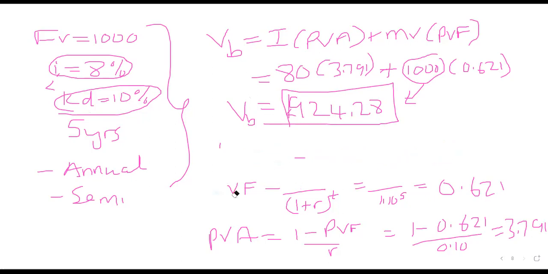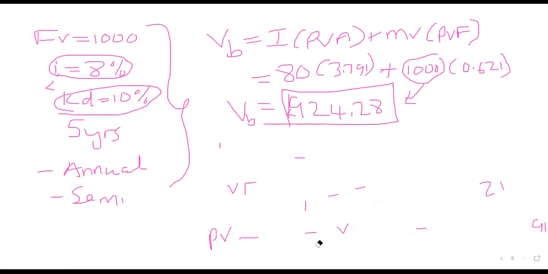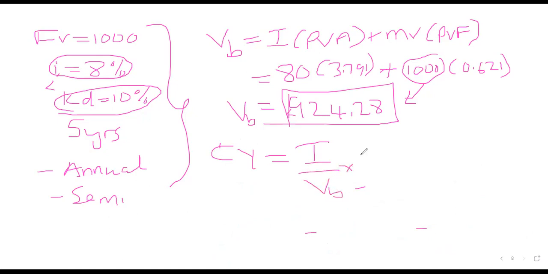Then we go to what is called the current yield. How do we calculate the current yield? The formula is simply the coupon value over the value of the bond, times 100. Now, what is a current yield?